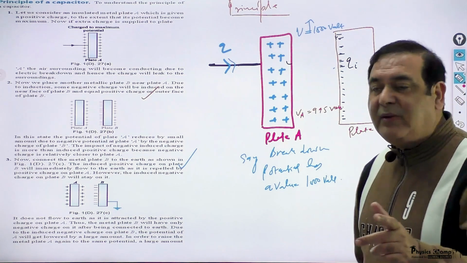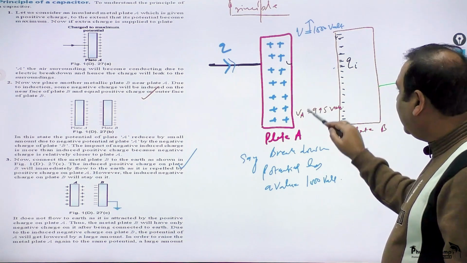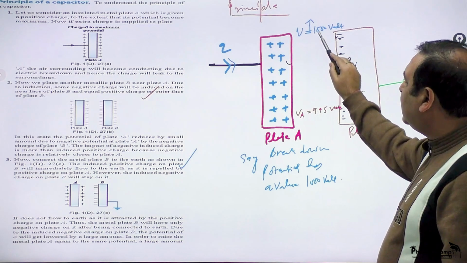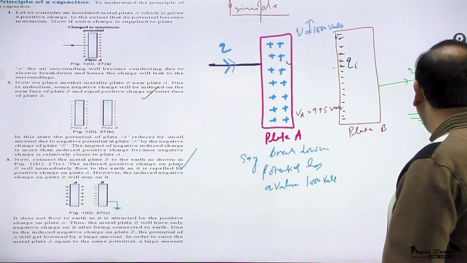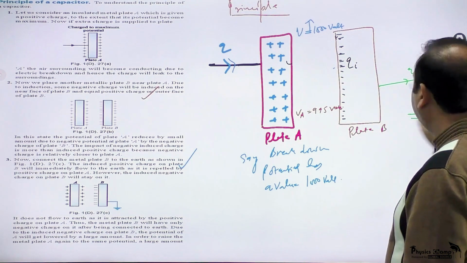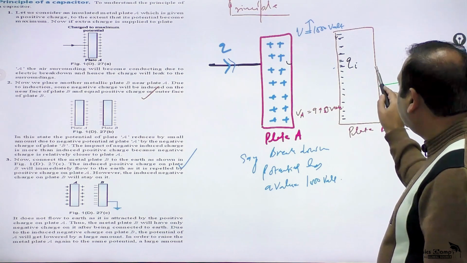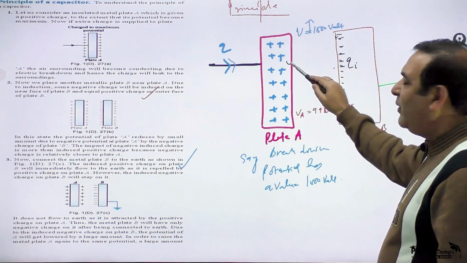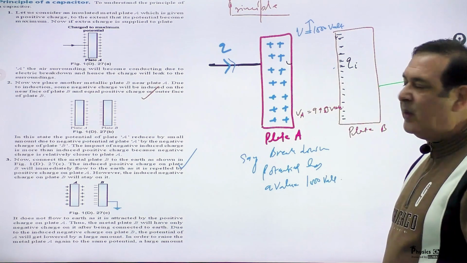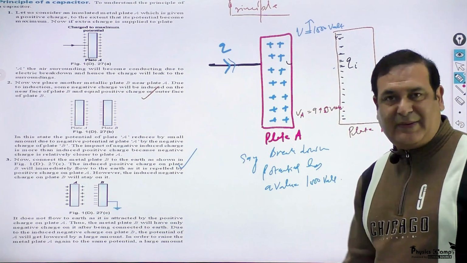And the advantage of that will be that if earlier it was reducing from 1000 to 995, now it will reduce from 1000 to 990, because that plus 5 is not there. Only minus 10 will be impacting here.